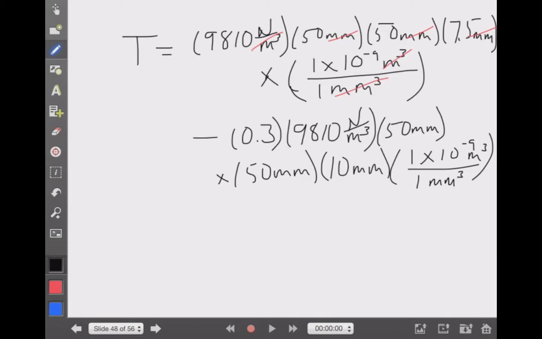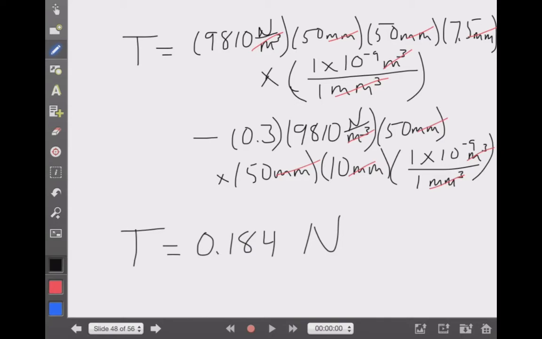And the units work out the same way. They're going to cancel out. The millimeters cubed is going to cancel all three of these, and this meter cubed is going to cancel that. So both these quantities, the buoyant force up top here and the weight of the block, are all in newtons. So our final tension will be in newtons. And if we calculate this out, we get 0.184 newtons for the tension in the string.